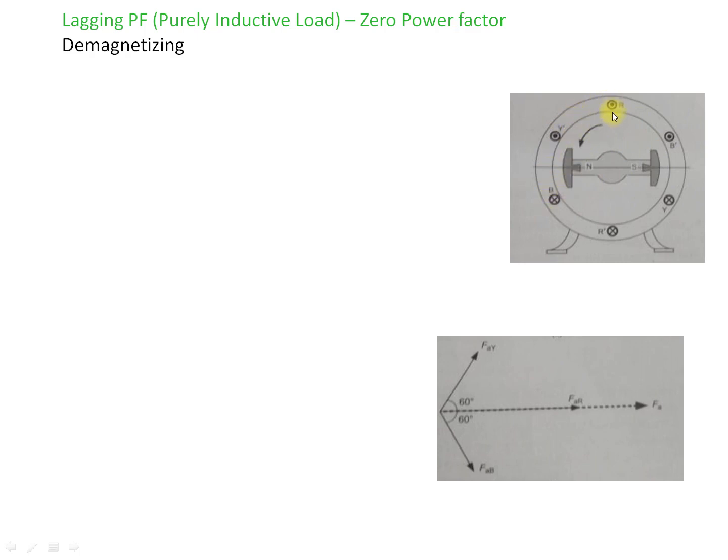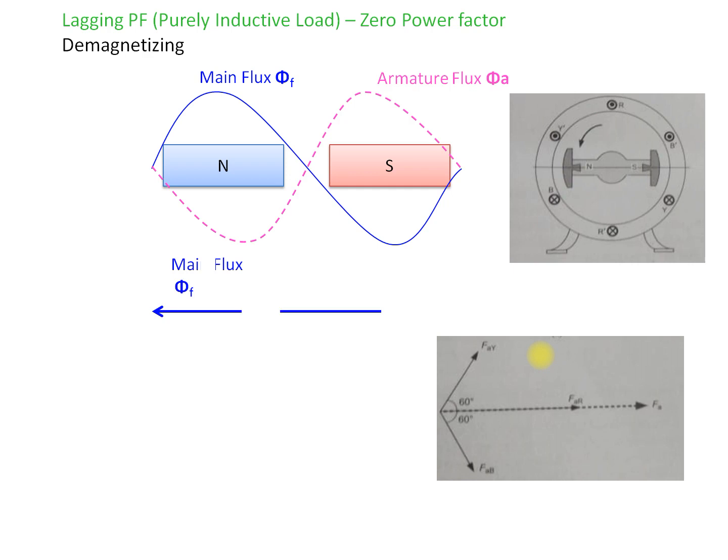So that particular axis will be shifted from this direction to this direction, so that we will be having the current which is lagging behind the voltage which has been applied in this particular rotor, so the resultant armature MMF will be like this, acting along this particular direction.